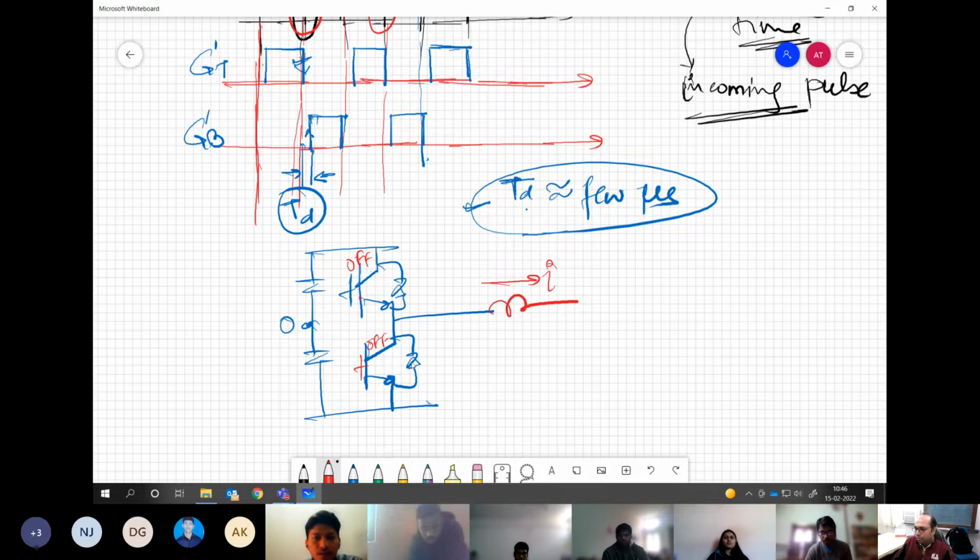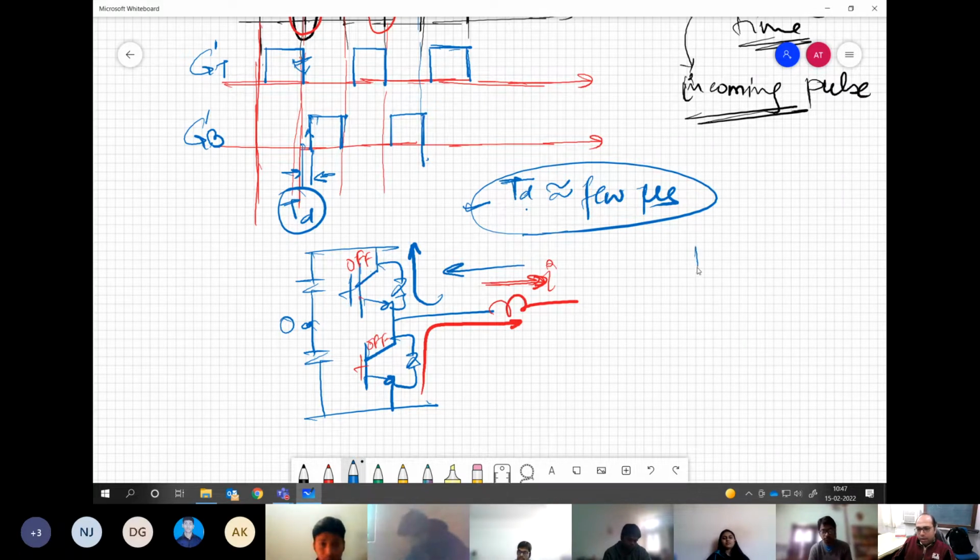The diodes. Anti-parallel diode. So if the current is going out from the converter, then this bottom diode will come into the picture, and it will take over the complete current. And if the current is coming inside the converter, then this top diode will take over during the dead time when both the devices are off.